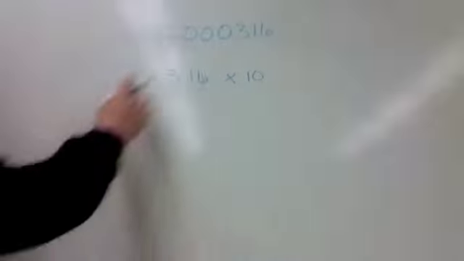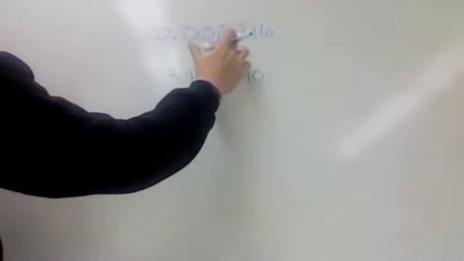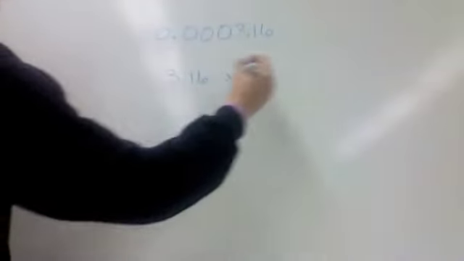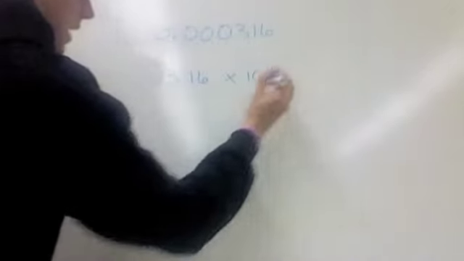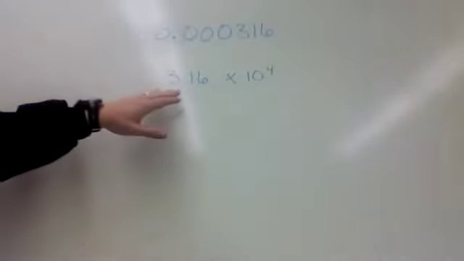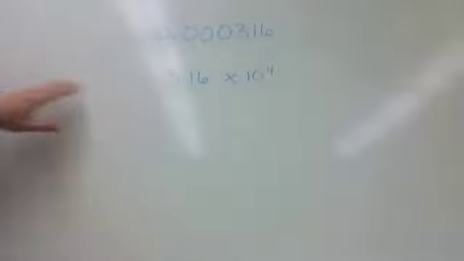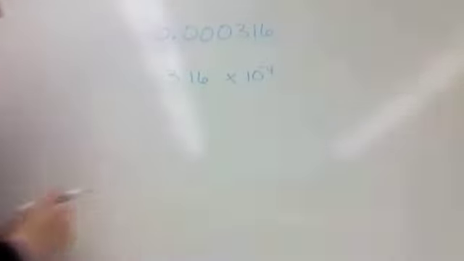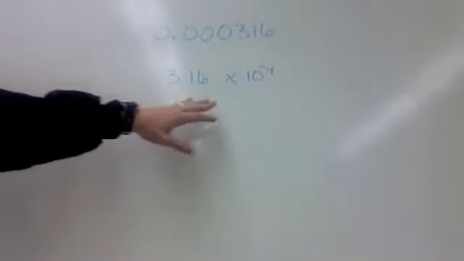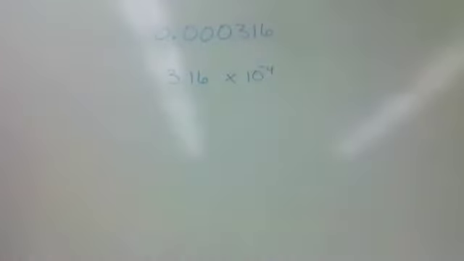Let's count them: 1, 2, 3, 4. So we know we have to go 4 places. Since we had to go to the left 4 places, this is going to be a negative power. So our final answer is 3.16 times 10 to the negative 4th power.